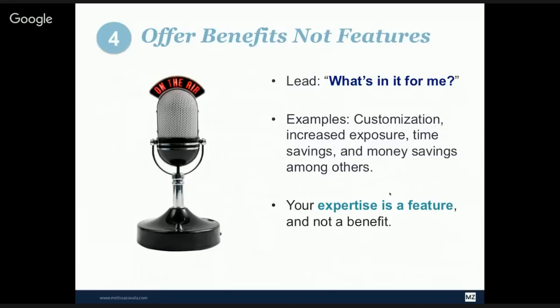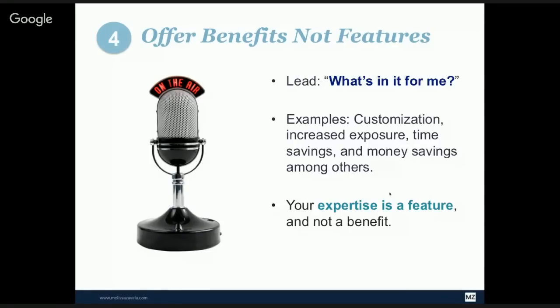Your expertise, for example, is a feature, not a benefit. So if I say I'm professional, I'm trustworthy, I have a college degree, I speak all these languages, people aren't really caring about that initially. They're caring about what's in it for me. So as you speak to people or communicate with them via the internet, make sure that you're speaking to what they are looking for, which again would be customization.